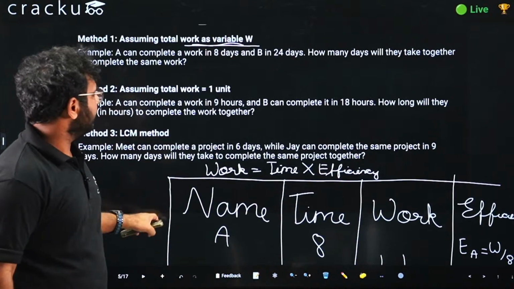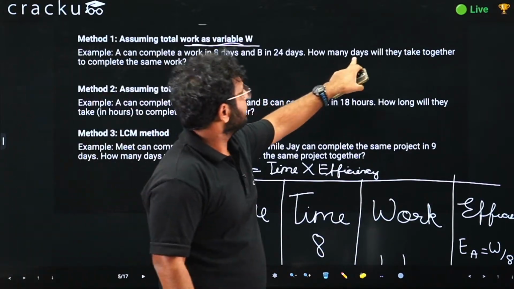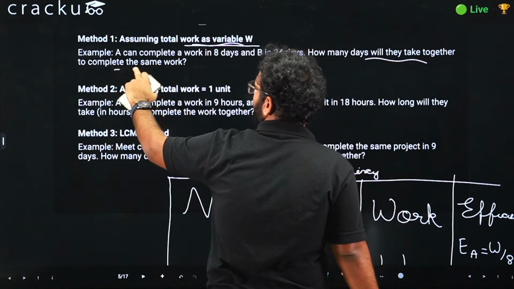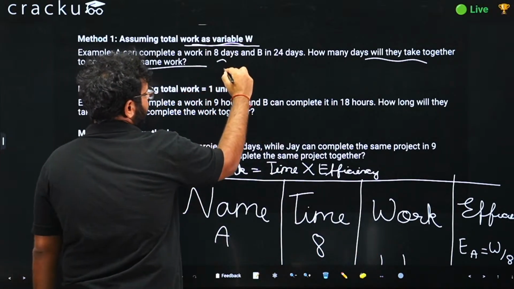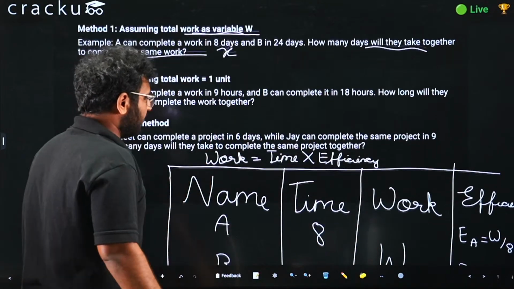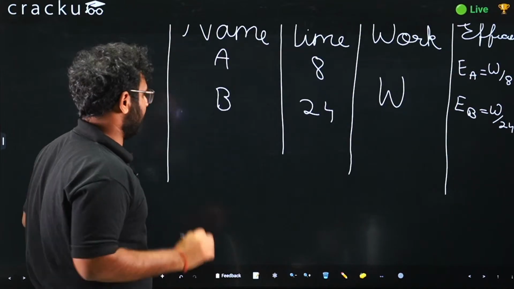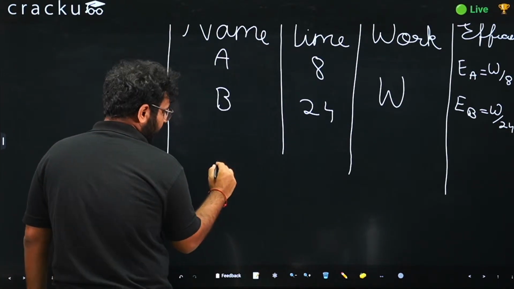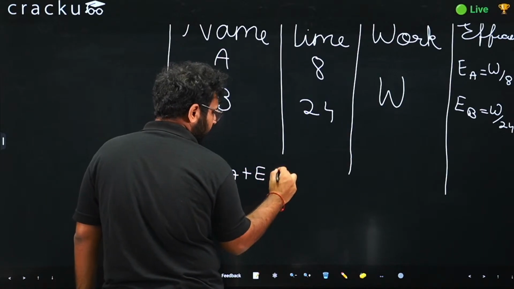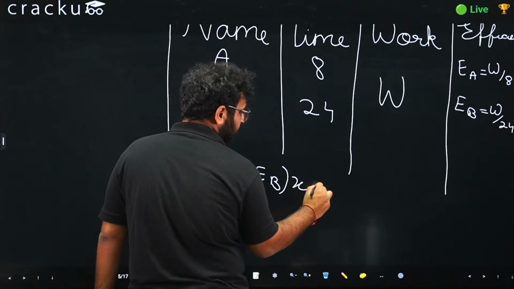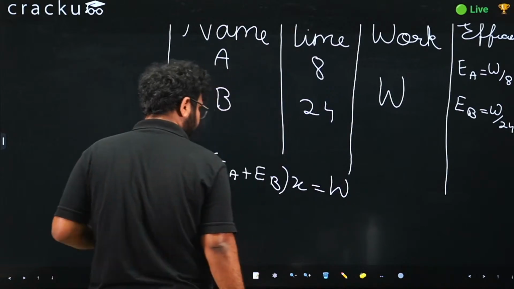Now it is asked how many days they will take together to complete the same work. Let us assume they work together for X days. So efficiency of A plus efficiency of B, into the number of days, is equal to total work.